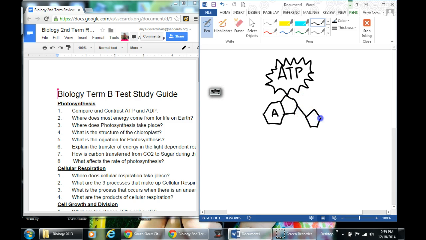We have this sugar molecule right here, and then we have 3 phosphates, which is PO4, phosphate. So those are 3 little molecules, a sugar, and this is adenosine triphosphate.